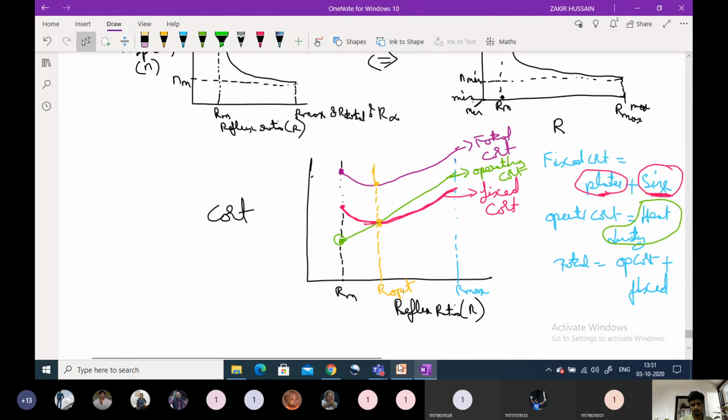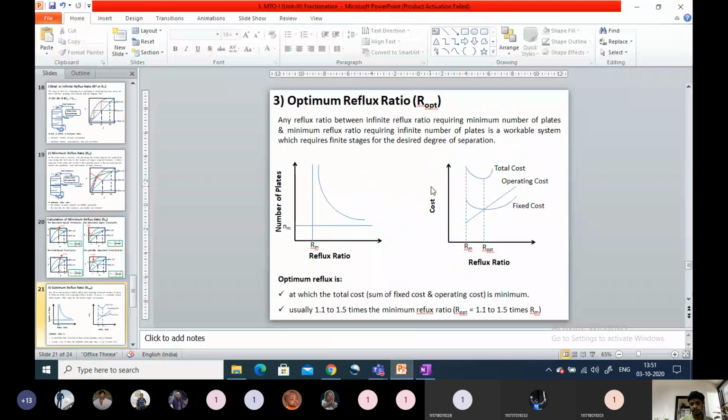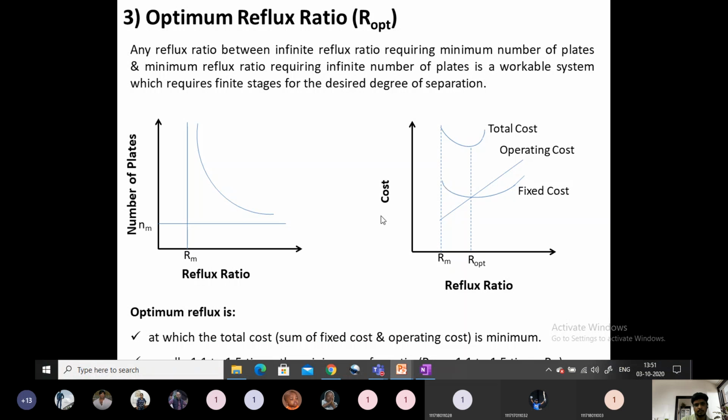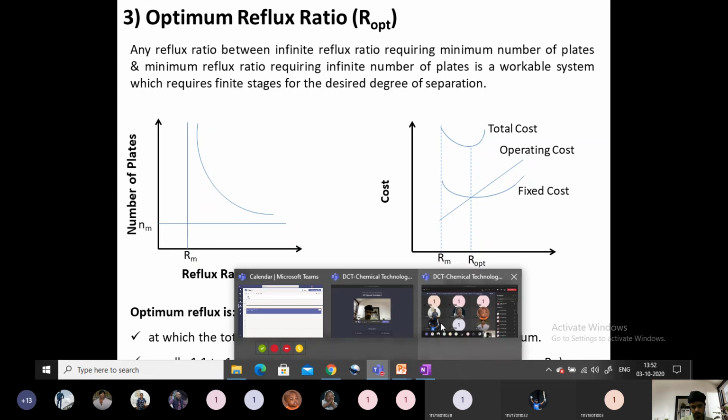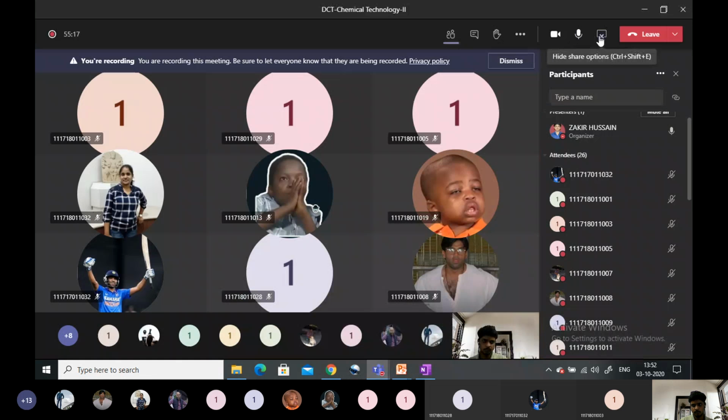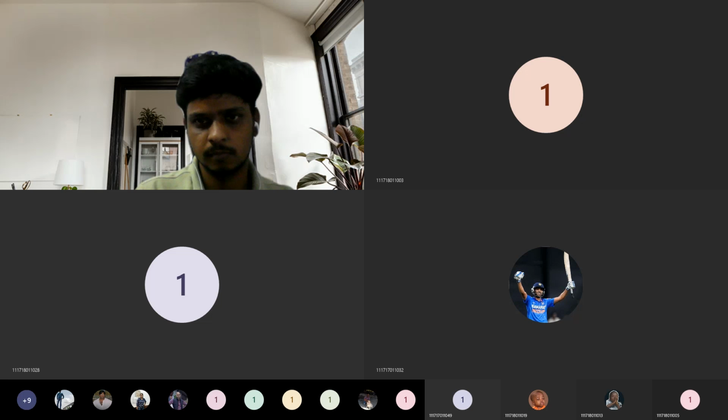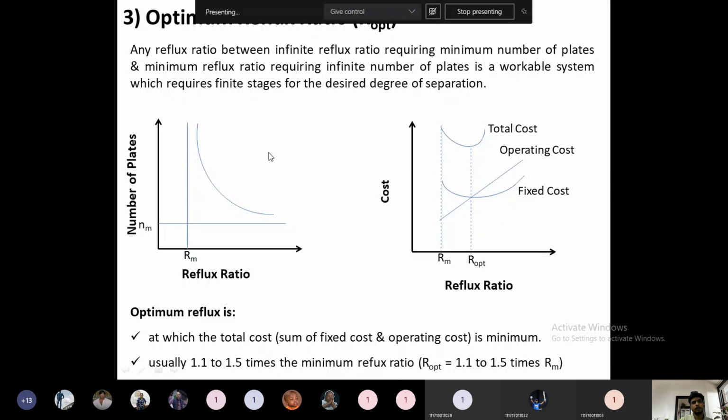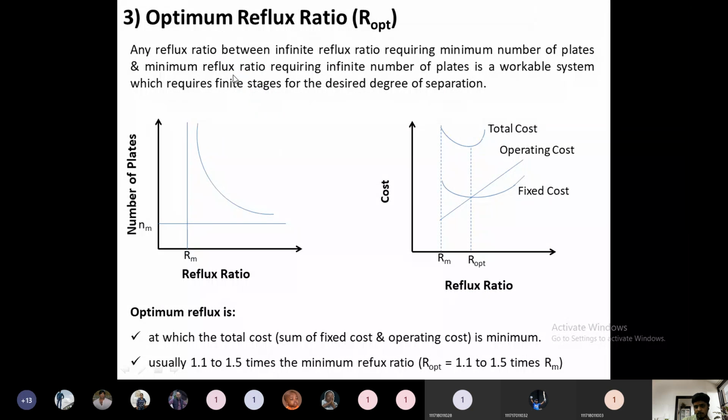Otherwise, that's the case. The same graphs which I have shown in the PPT, you can use this PPT as a source of this information. So this is the optimum reflux ratio.